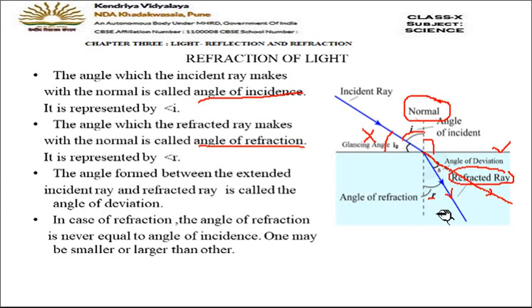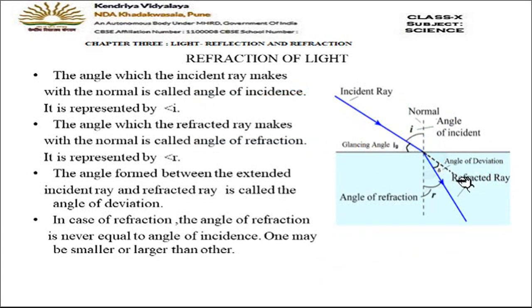So we have two angles now: one is the angle of incidence and the other is the angle of refraction, i and r. Now, the angle found between the extended incident ray and the refracted ray is called the angle of deviation. If we back extend the incident ray, it goes in this direction, shown by the dotted line.